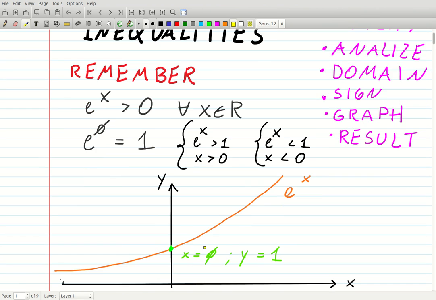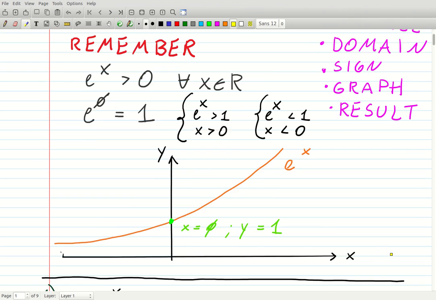About the sign of the elementary function e to x, we know that if x is greater than 0, e to x will be greater than 1. If x is less than 0, a negative number, e to x will be less than 1. Anyway, it is a strictly increasing function.